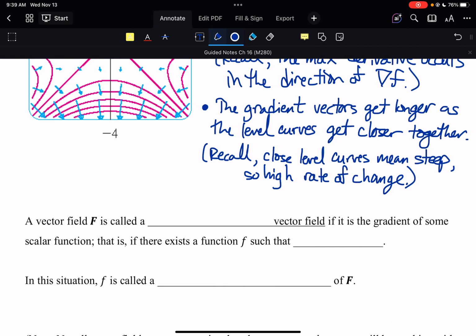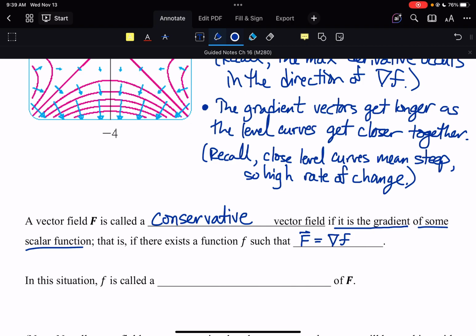A little bit of terminology here that we're going to be seeing later on in the chapter. We say a vector field F is called a conservative vector field if it is the gradient of some scalar function. So that is to say that the vector field F equals the gradient of little f.